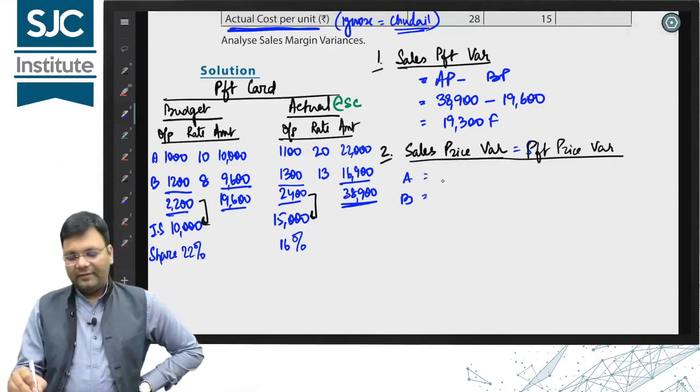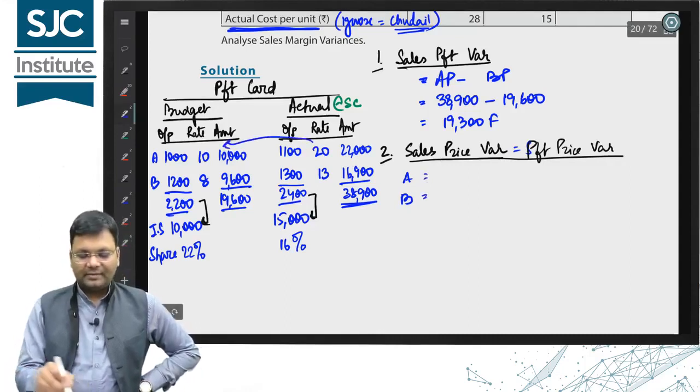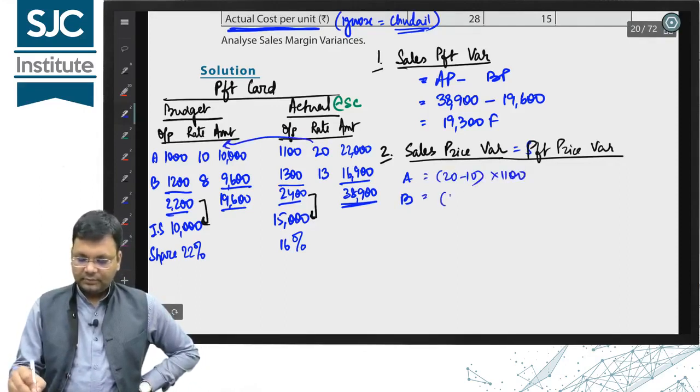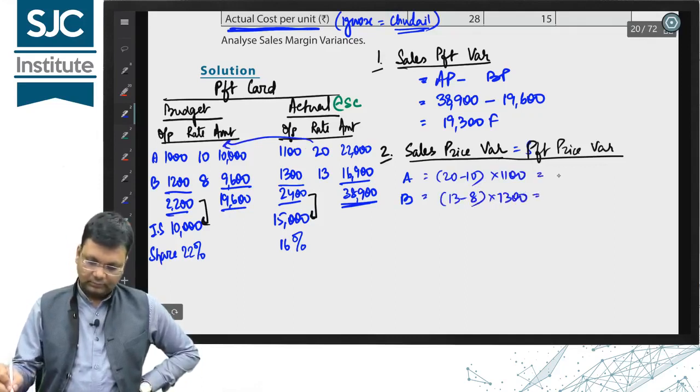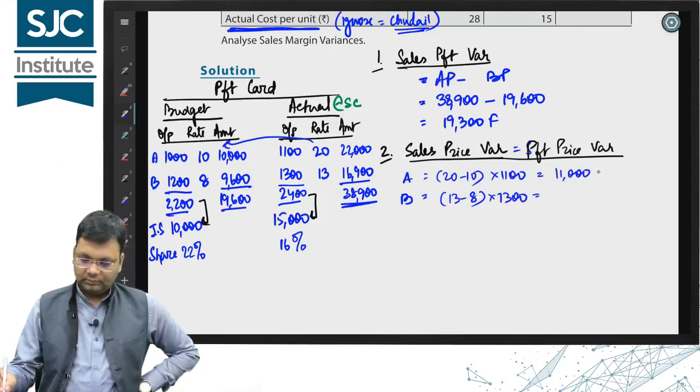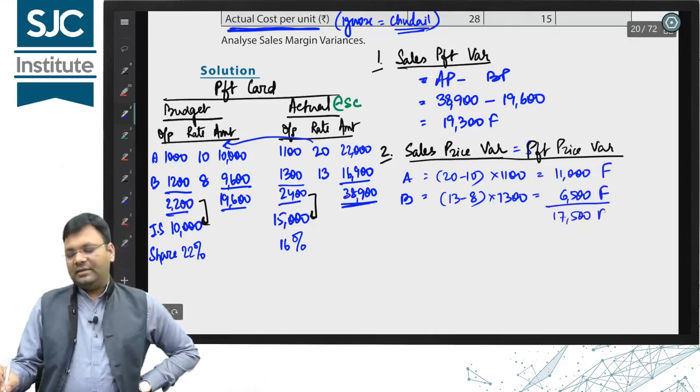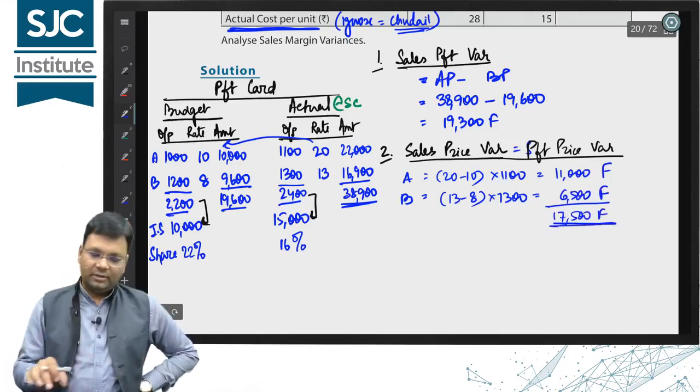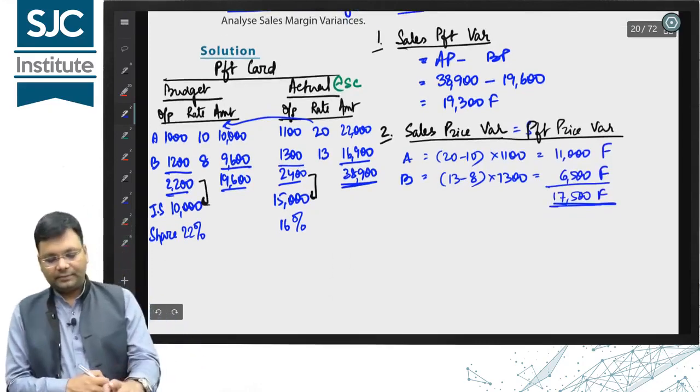So calculate separately for A and B. You can just compare the rates. 20 minus 10 into 1100, 13 minus 8 into 1300. Please check the result. Do it yourself. Do it in calculator. Keep checking the result.